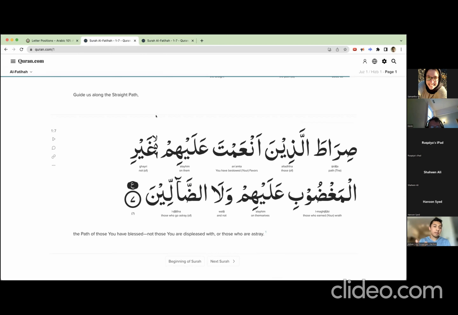So regionally, there were different conventions as to where a verse ends or begins. What we're seeing now is the standard Iraqi or Hafs verse markers.